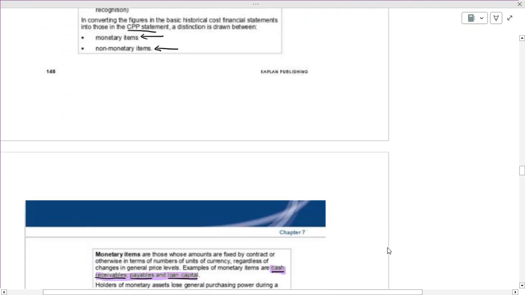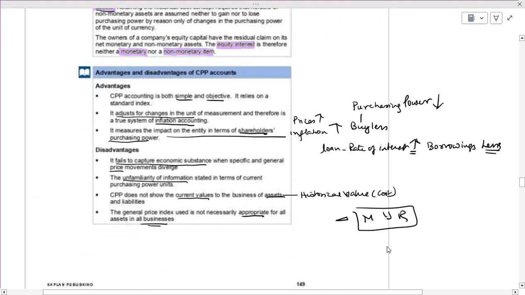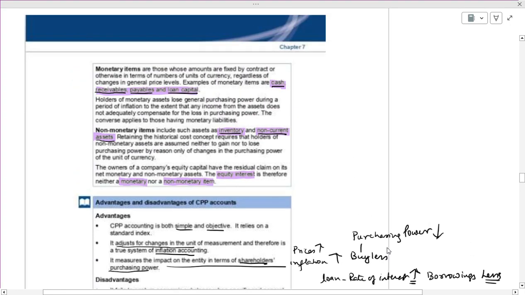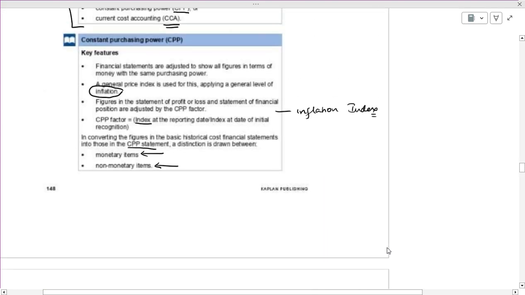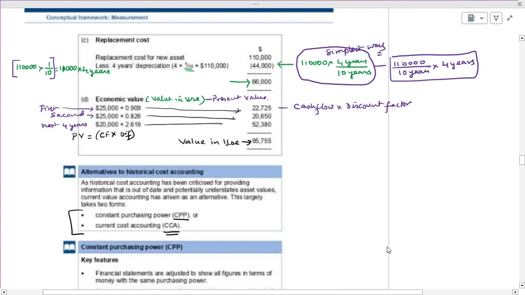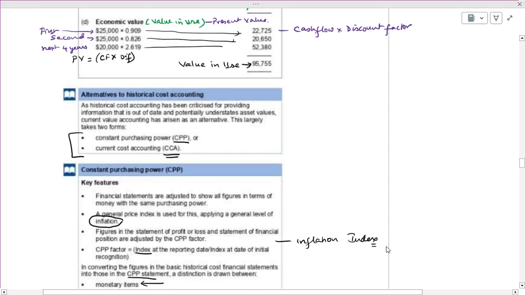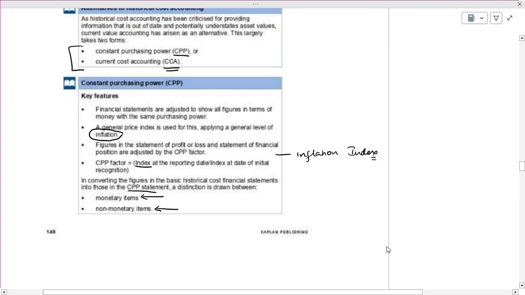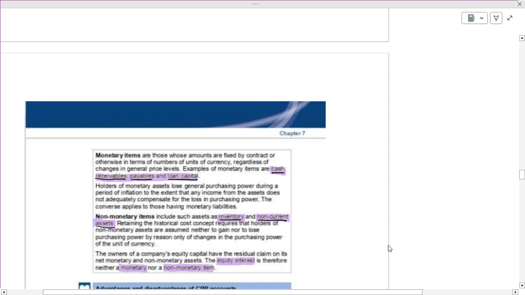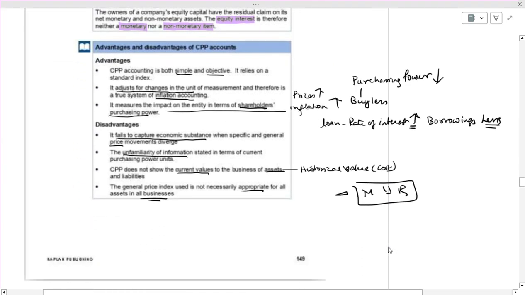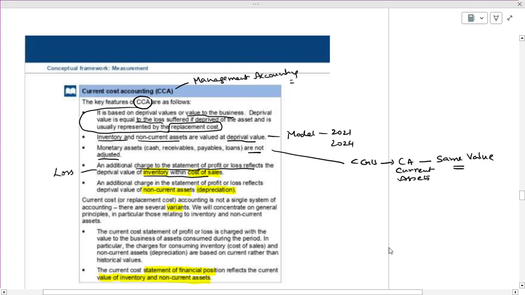The second part, current cost, current purchasing power, historical cost accounting, based on inflation. Current purchasing power accounting and current cost accounting.